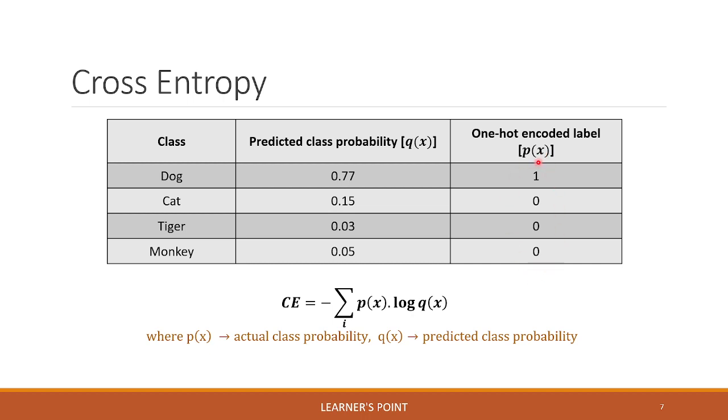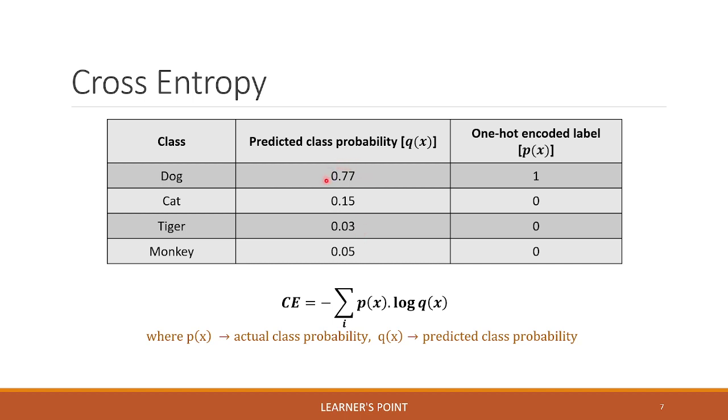For example, the input image is an image of a dog. So we are 100% sure, or we are expecting a probability of 1 for the dog class and probability of 0 for the rest. So this is the expected output. And this is the predicted output which is generated by our model.